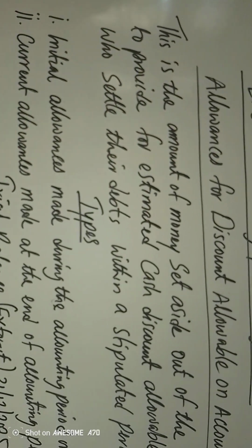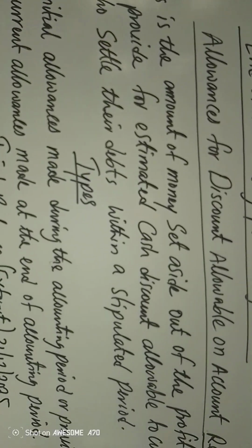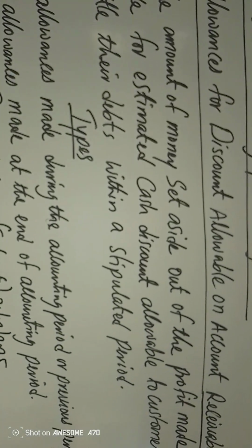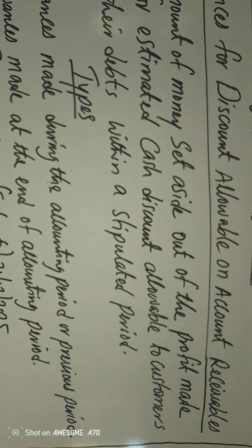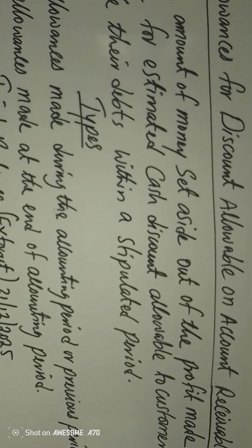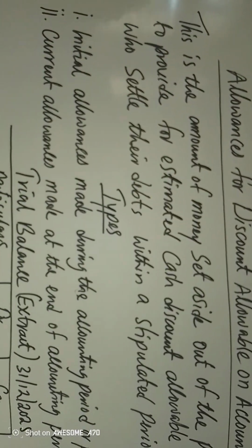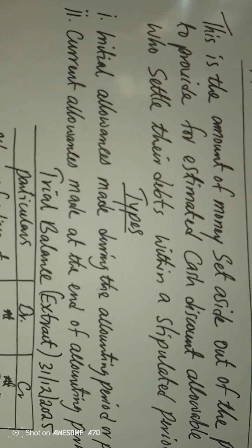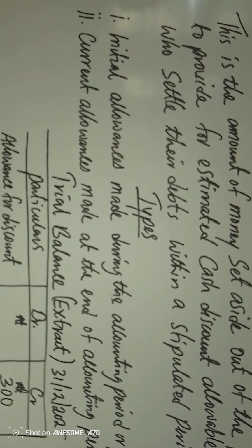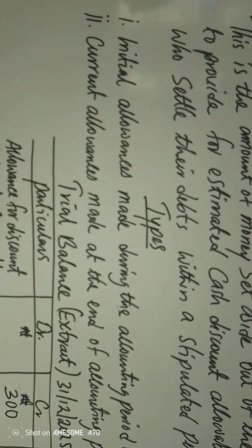So allowances are now known to the business. As a result of that, they make provisions. They provide that a certain amount that will be collected from customers will be given out as allowances to them, and that is what is called allowances for discount allowable, formerly called provision for discount allowable.